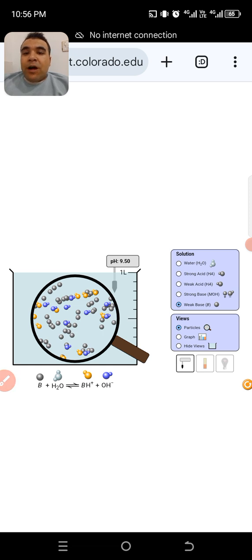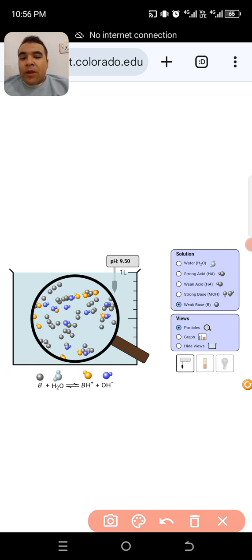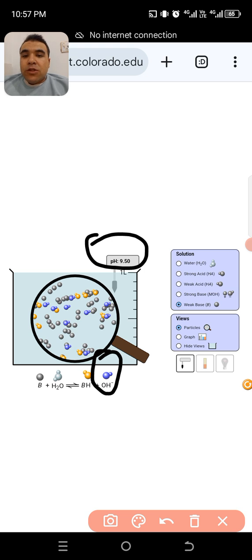It's 9.5. The range 7, 8, 9, 10 are the ranges of the weak base pHs. As you can see, it has a 9.5 pH due to having a much lower concentration of hydroxide. So as the hydroxide reduces, that reduces the pH too.